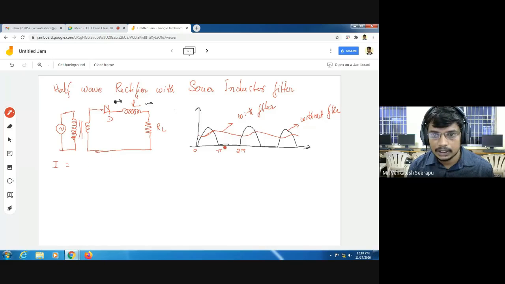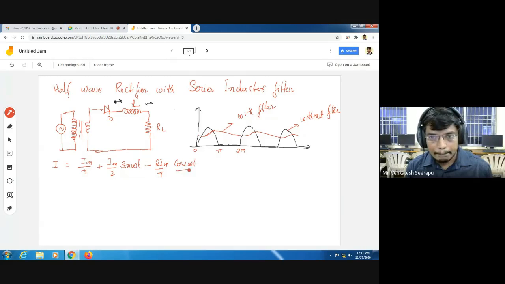The equation for this waveform is i equals Im by pi plus Im by 2 sin omega t minus 2 Im by pi cos 2 omega t by 3, next minus 2 Im by pi cos 4 omega t by 15.